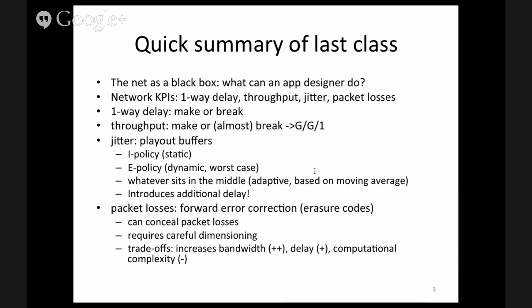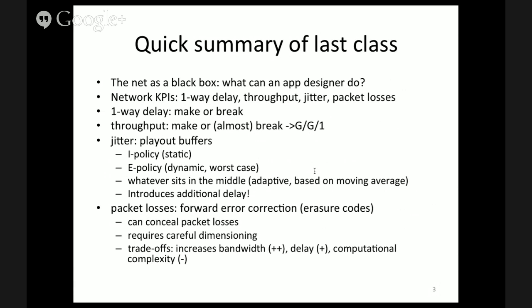We saw a similar situation with the throughput, in terms of the ability of the network to sustain a multimedia application that requires a given throughput. And we saw this G/G/1 model, which allows us to understand quite well what happens.